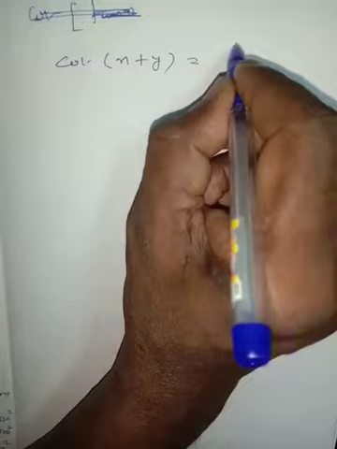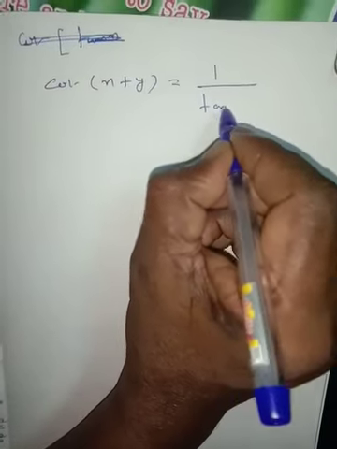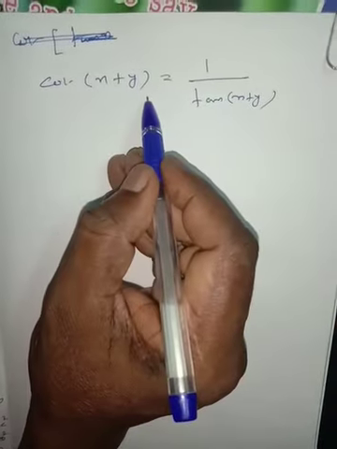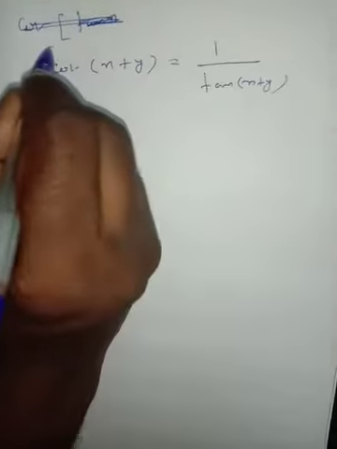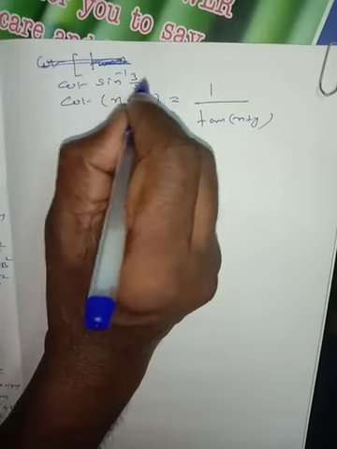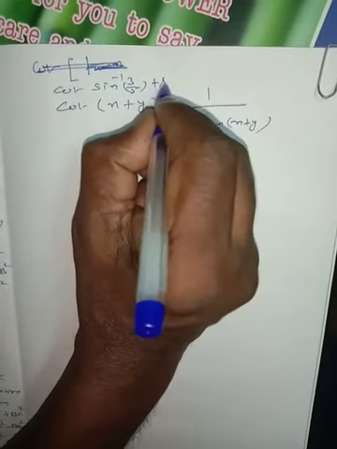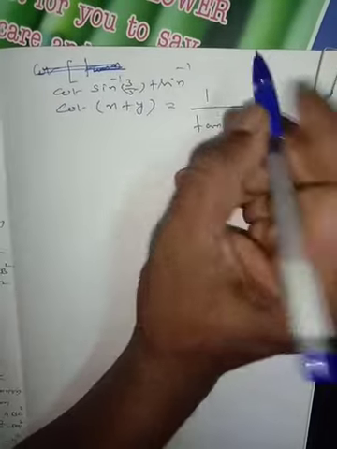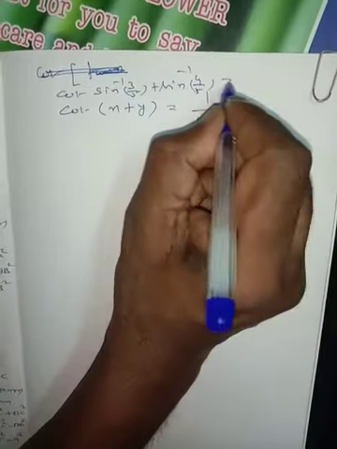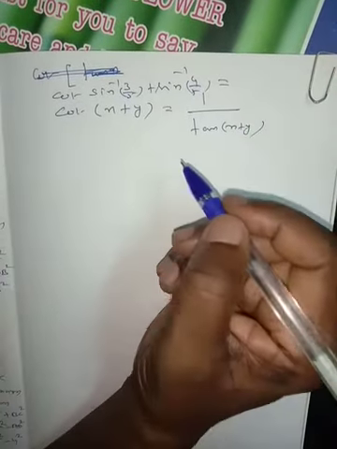Cot of x plus y means 1 by tan of x plus y. This cot of x plus y means cot of sine inverse of 3 by 5 plus sine inverse of 4 by 5 is equal to this cot x plus y.